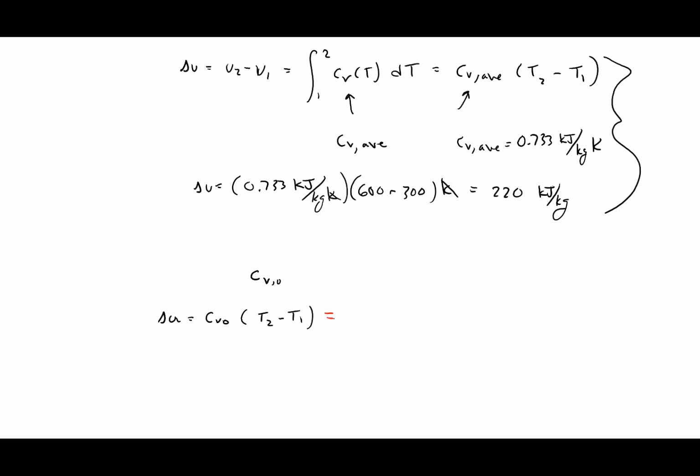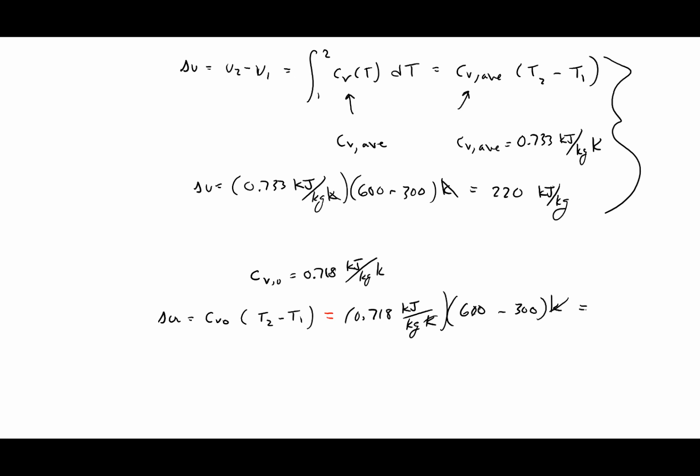So this is equal to CV naught, 0.718 kilojoules per kilogram Kelvin, multiplied by T2 minus T1, which is 600 minus 300 Kelvin.